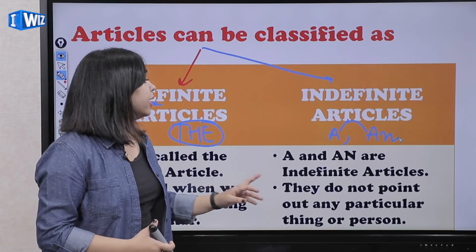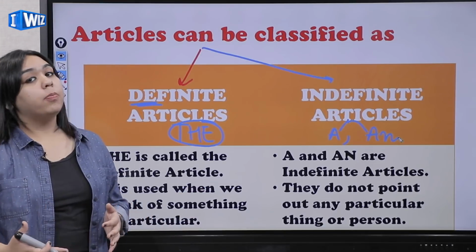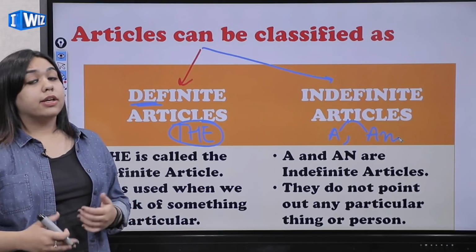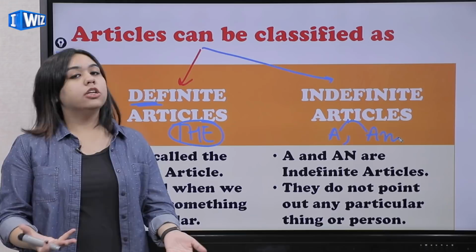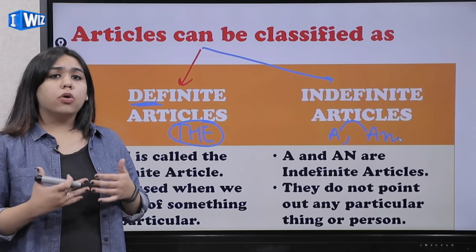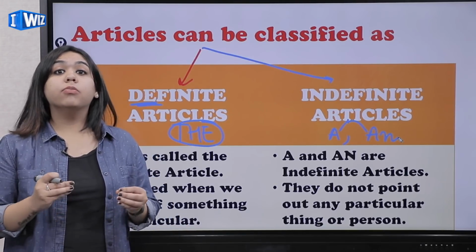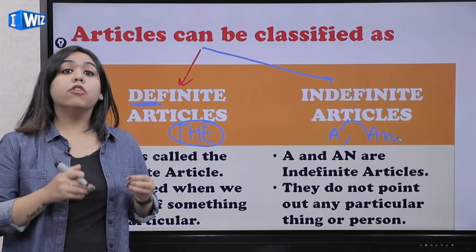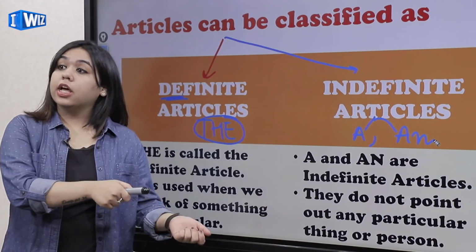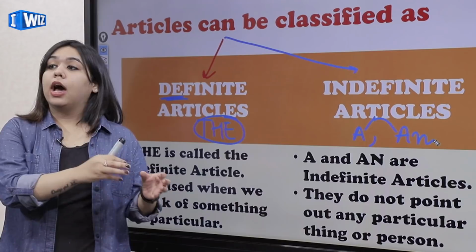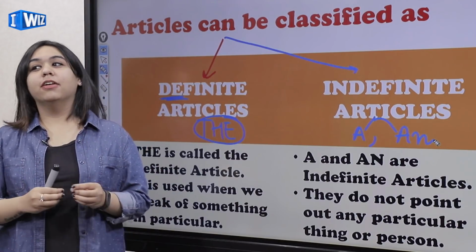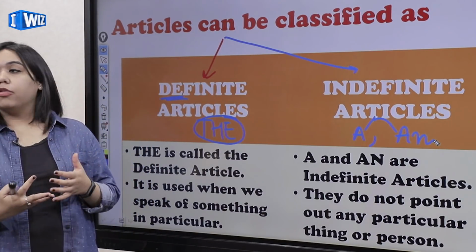They do not point at any particular thing or person. Again, if I say I need a pen or give me a pen, I am not pointing at anything in particular. But if I say give me the pen that I gave you, I am pointing at the particular pen.